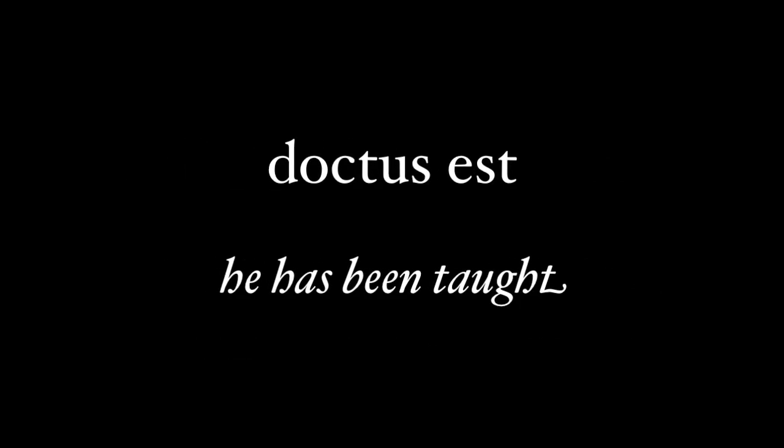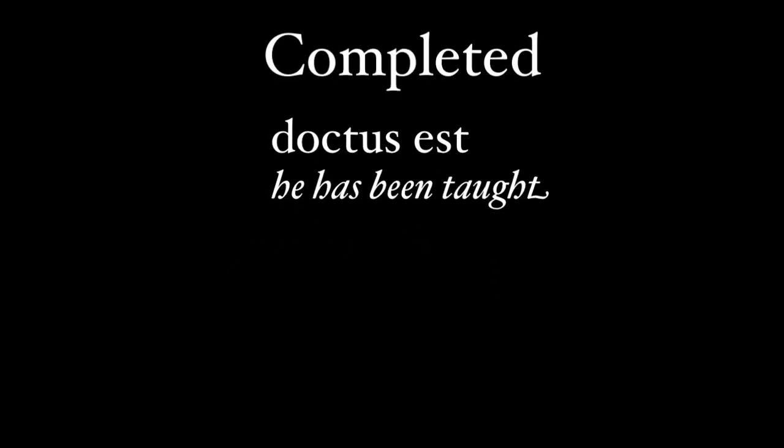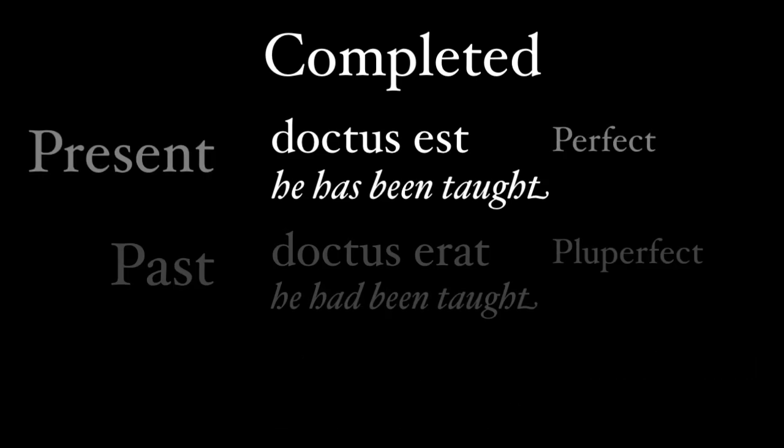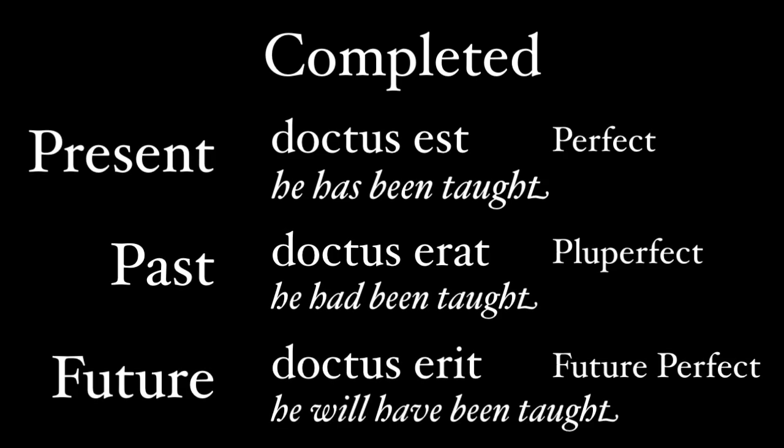There's two more points about the perfect passive. This he has been taught translation of doctus est is the original form and meaning of the perfect passive. Perfectus in Latin means completed, and the three perfect tenses in Latin show the completed aspect of three time periods. So the perfect is originally the completed present, the pluperfect the completed past, and the future perfect the completed future. Thinking of it this way, the perfect passive is the perfect participle, that's doctus, plus sum in the proper time period.